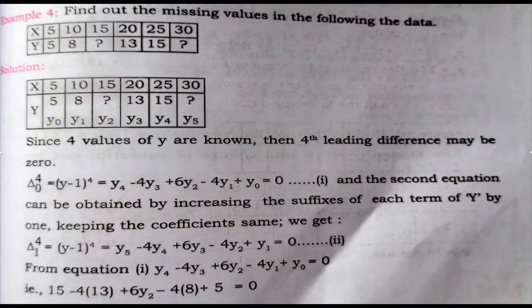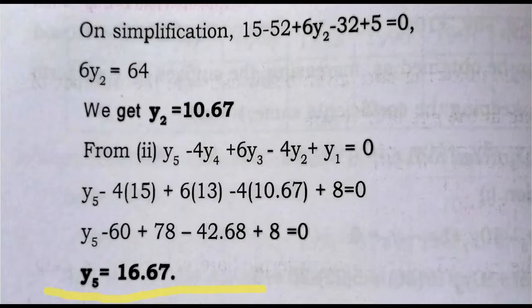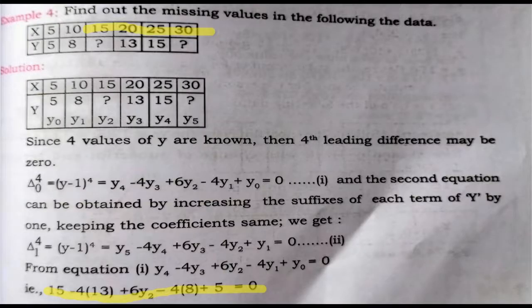If I simplify this equation, I will get, just take a calculator, multiply and subtract: 15 minus 52 plus 6y2. How do we get the 15? It is 15 minus 4 into 13.